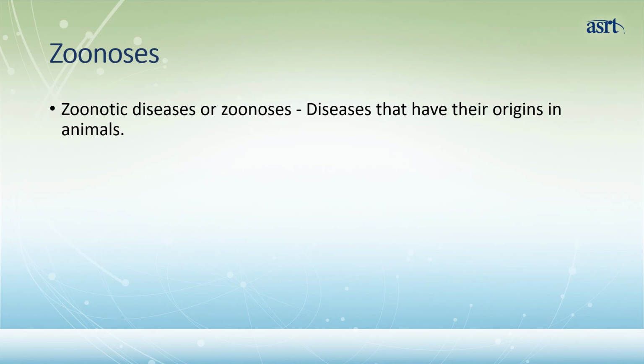Sometimes diseases that infect animals can also cross the species barrier to infect humans. Diseases that have their origins in animals are referred to as zoonotic diseases, or zoonoses. Coronaviruses are zoonoses, and depending on the individual virus, may be transmitted by different species of animals.